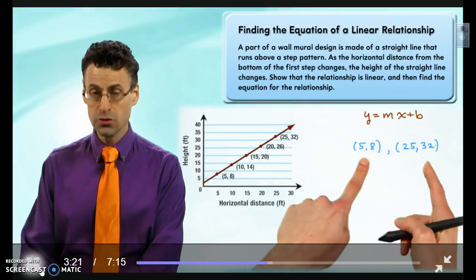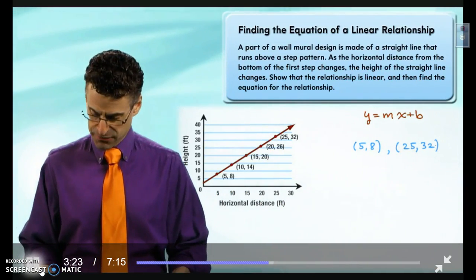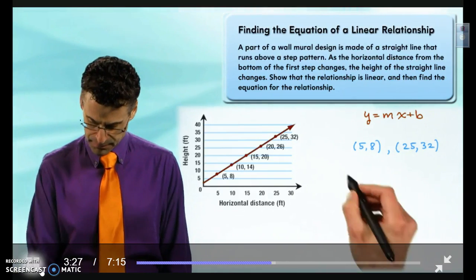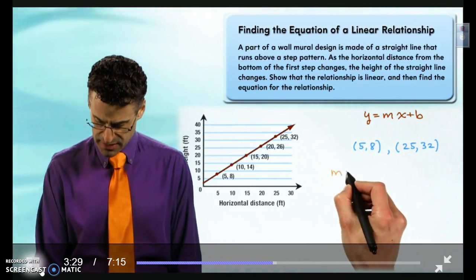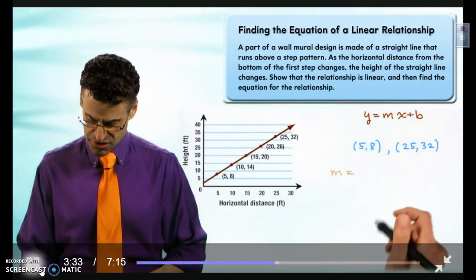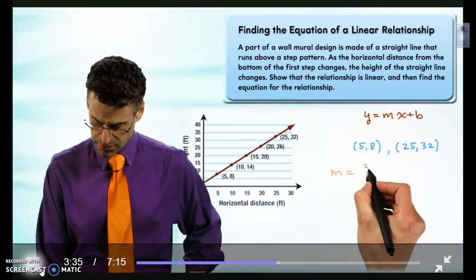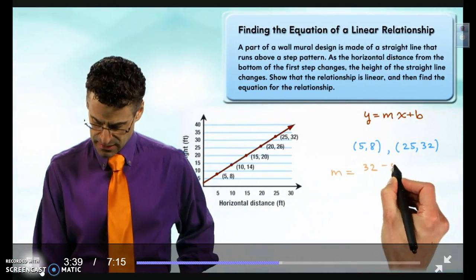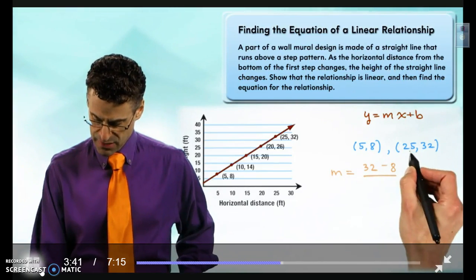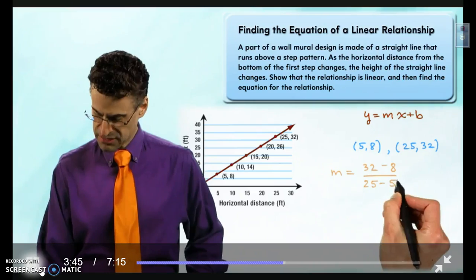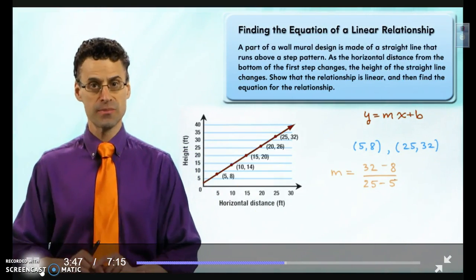Looking at these 2 ordered pairs, we can find the slope. The slope is the change in y over the change in x. So I take 32 minus 8, and divide that by 25 minus 5. There are lots of classic mistakes here, so let's make sure we don't make any of them.